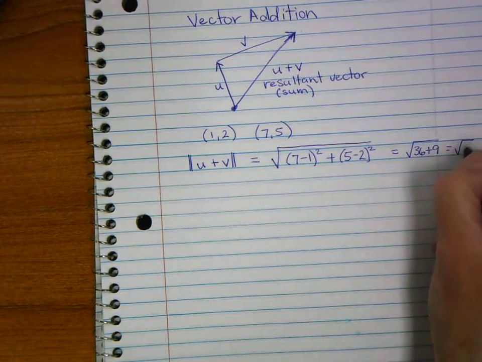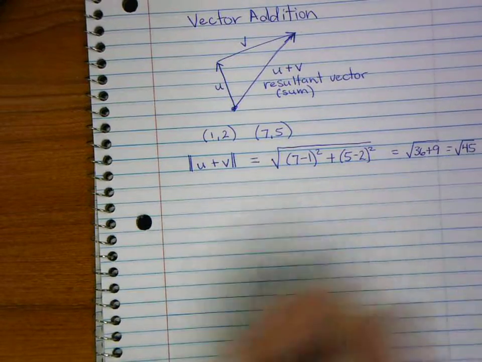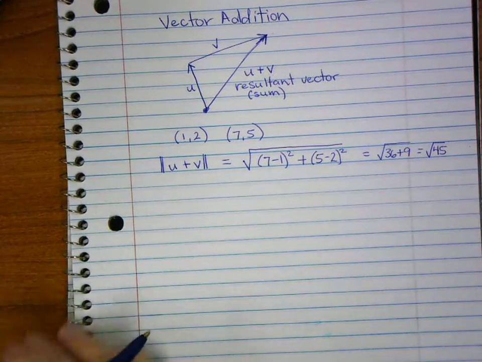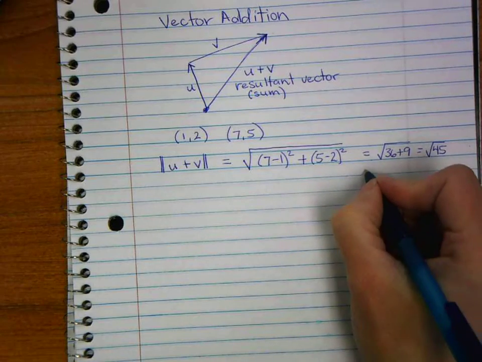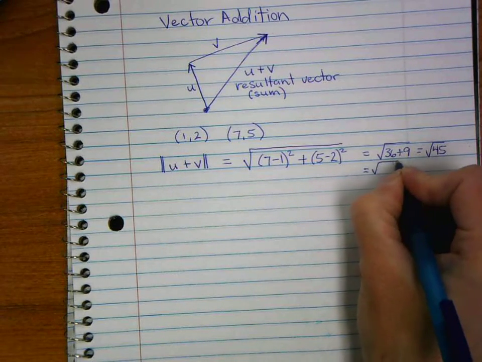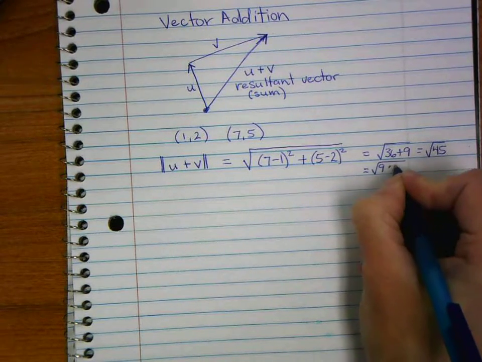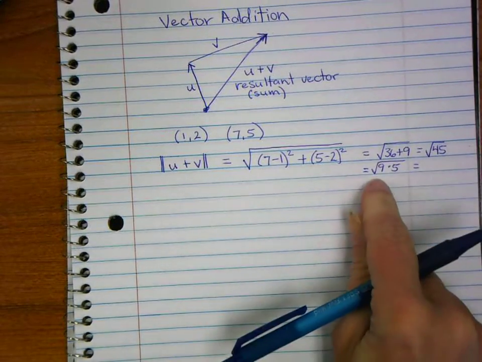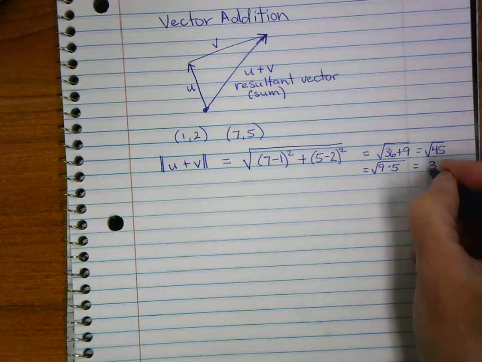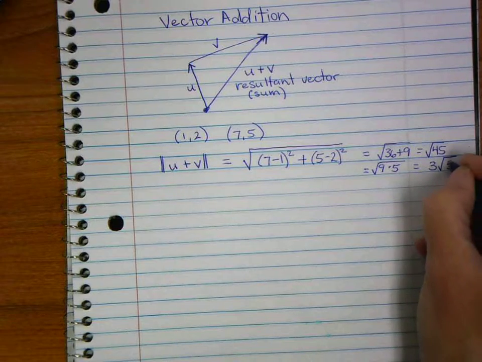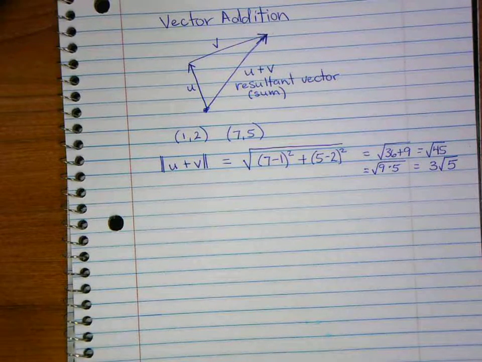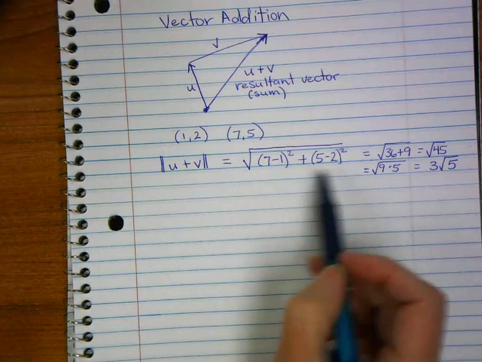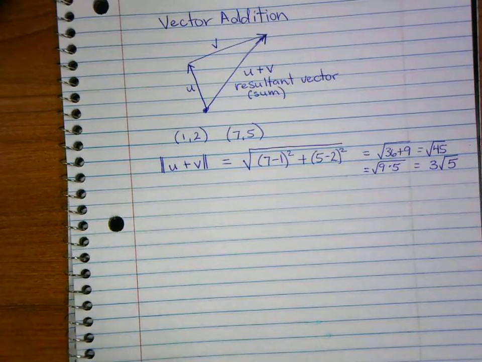So we're looking at the square root of 45, which I can simplify. 45 is the same as 9 times 5. I know that the square root of 9 is 3. So my resultant vector has a magnitude of 3 square root of 5. Now again, I'm using distance formula. You could use a squared plus b squared equals c squared.